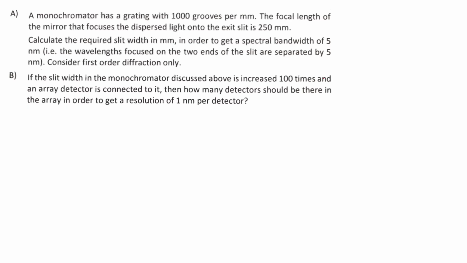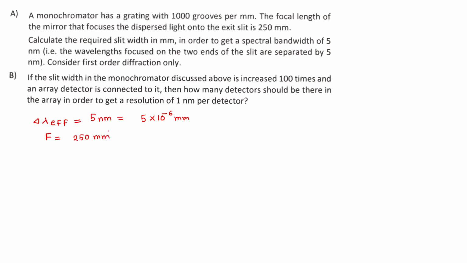So our delta lambda effective is 5 nanometer, which on the millimeter scale is 5 into 10 to the power minus 6 millimeter, as we have to calculate the required slit width in millimeter. What else is given? The focal length f is given, which is 250 millimeter.